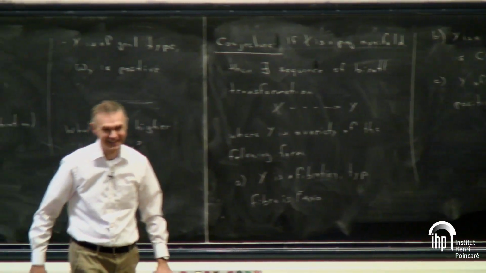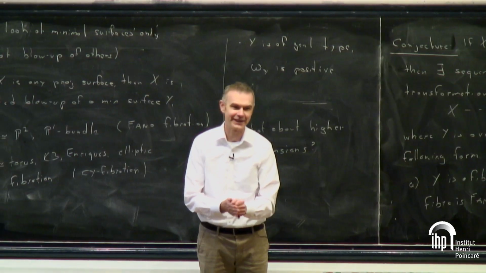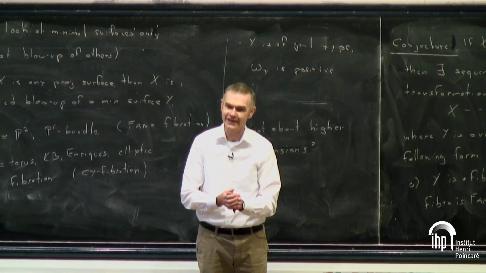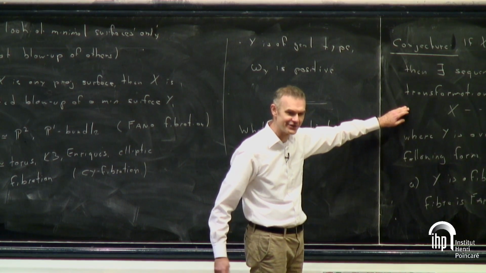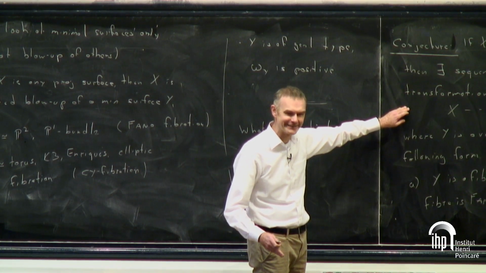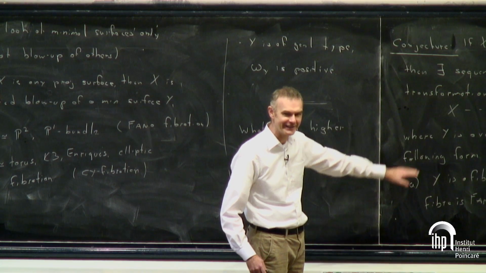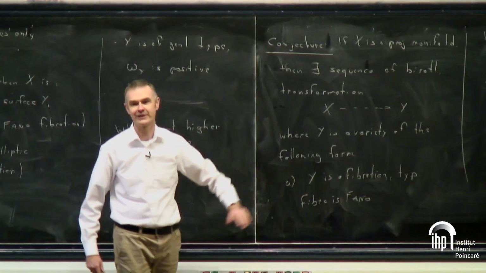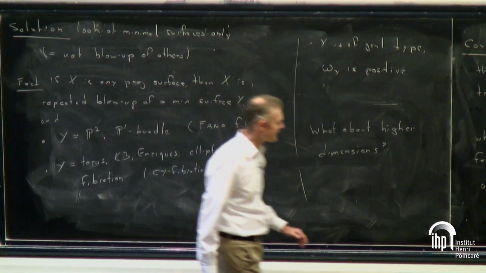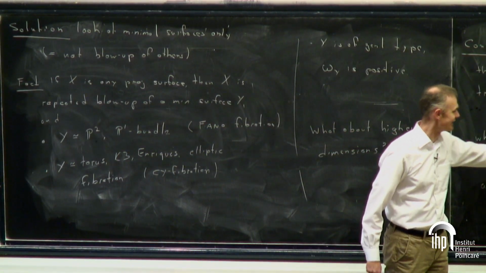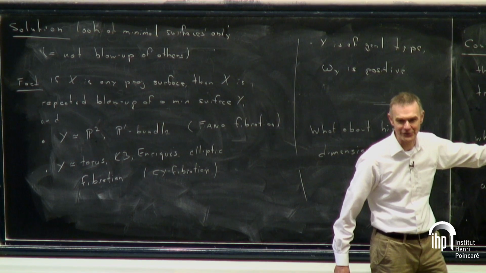Namely, things do get technically complicated in higher dimensions, and it is well understood that whatever your higher dimensional analog of blowing down is, if you want a result like this, you got to deal with singularities. There's no avoiding this. So I have written here variety because I can't say manifold.